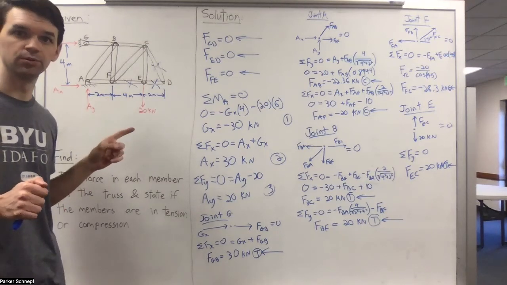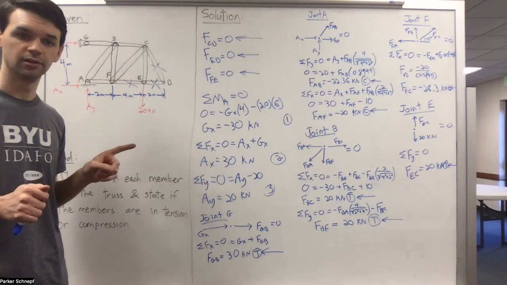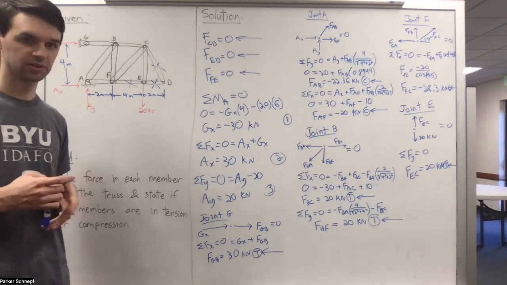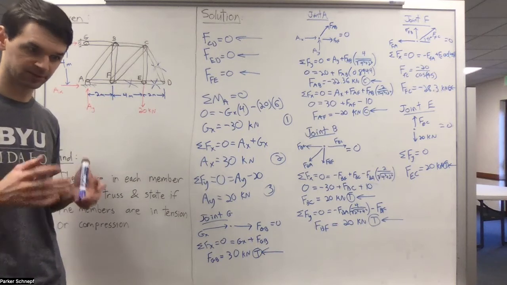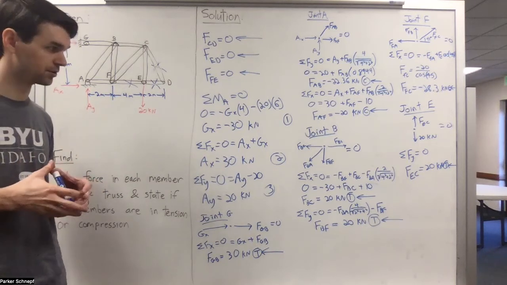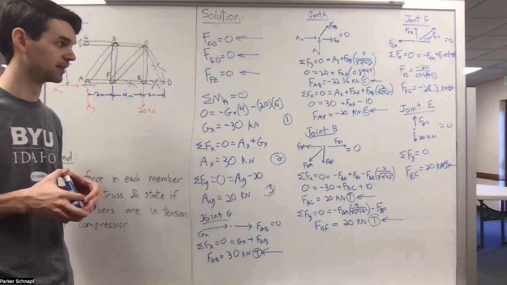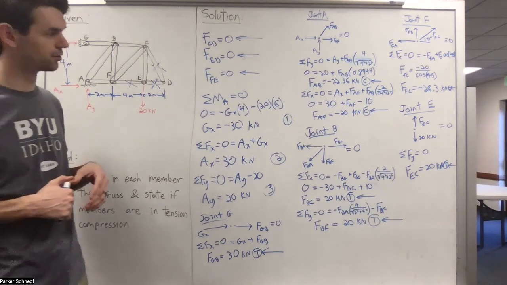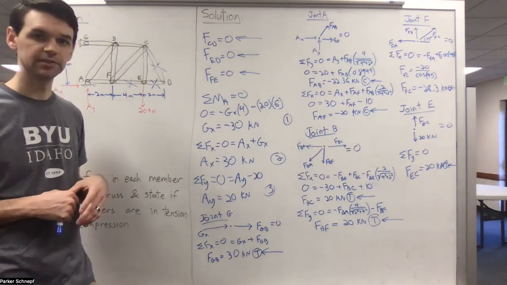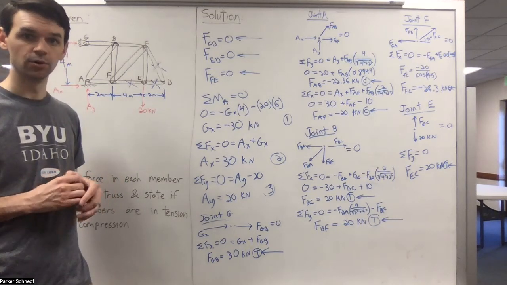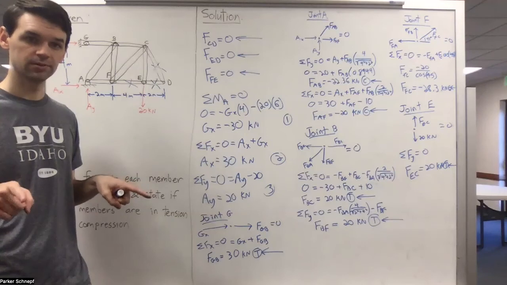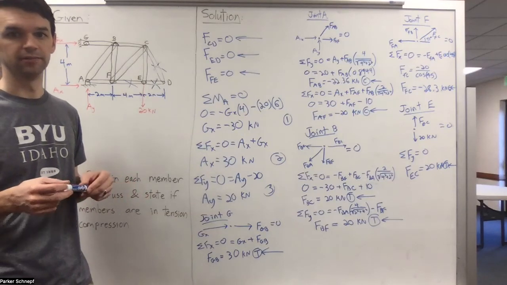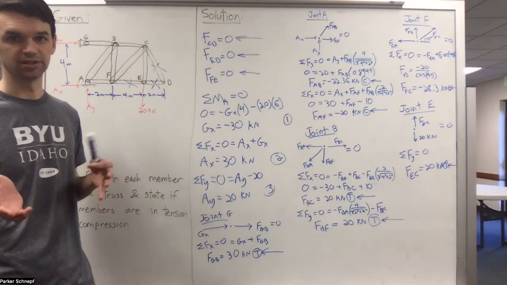Pick joints where you preferably have only one unknown, but you can do up to 2 unknowns per joint if you need. And then just go along, draw your forces in your beams in tension, or in other words, going away from your joint always, and just let the signs of your answers tell you if it's in tension or compression.